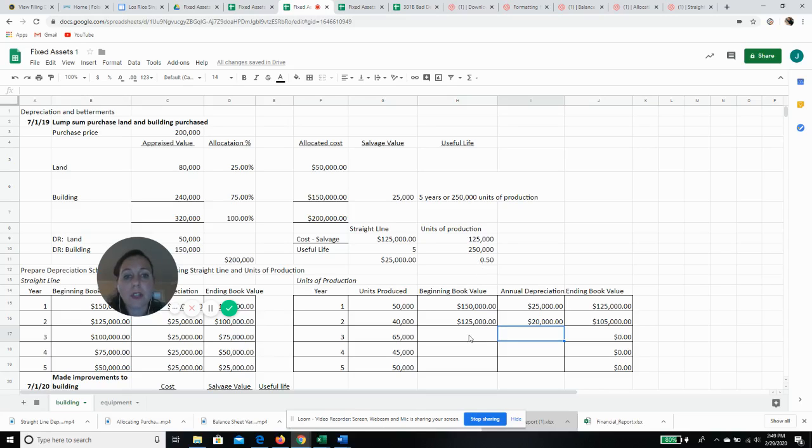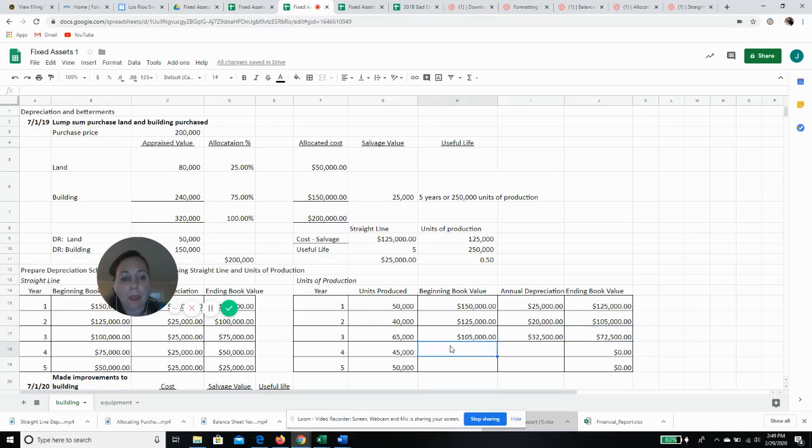Okay, so in year 3, my beginning book value is last period's ending book value, 105,000, and in year 3, I'm going to produce 65,000 units. I'm going to multiply that by my depreciation rate to get my annual depreciation of 32,500. So now my ending book value at the end of year 3 is 72,500.